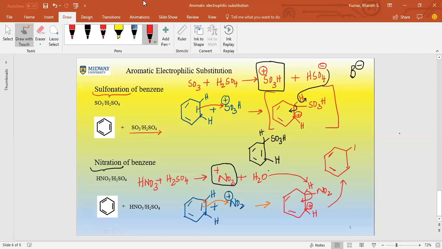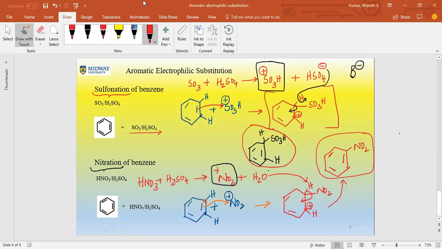The top one, yes, you can show it so you know what is happening. So there you go, this is your product. This is the product for the sulfonation, and that's the product for the nitration.